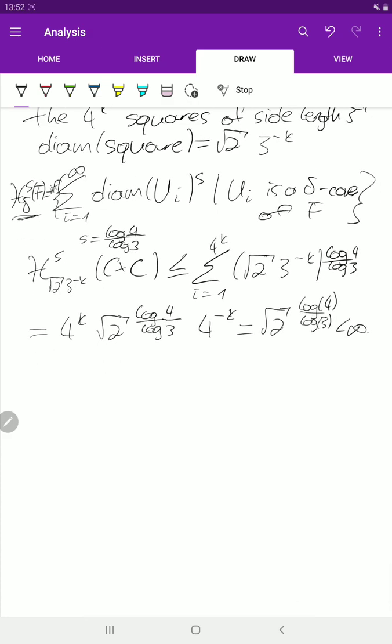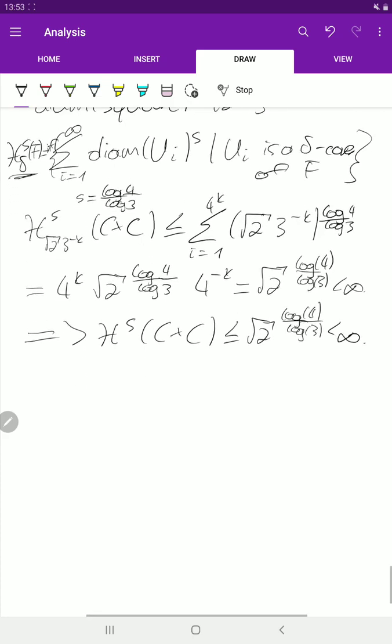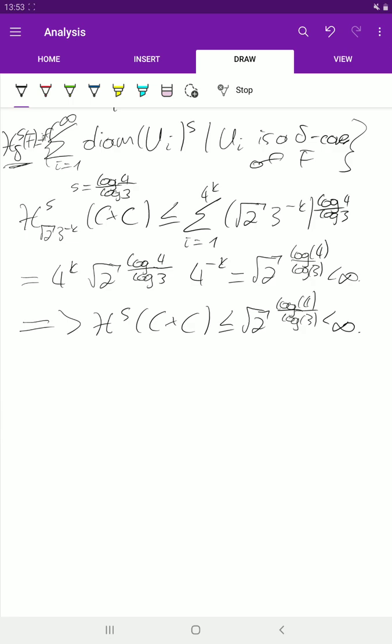So this is bounded by this, and now we take the limit for delta to 0, or k to infinity, so we get that H^s of C cross C is at most this thing here, which is again finite.